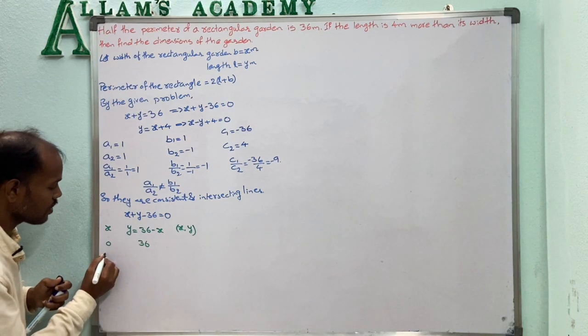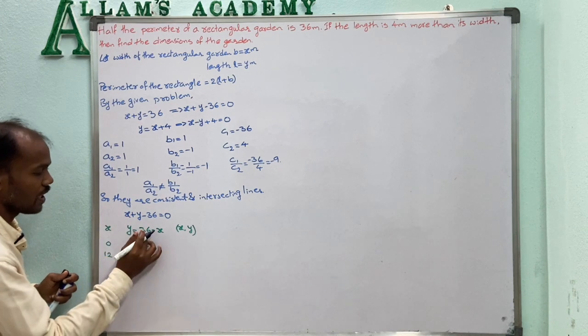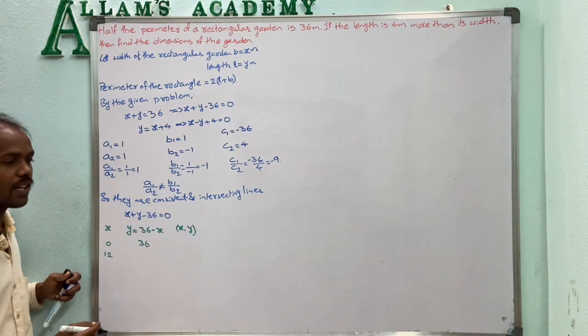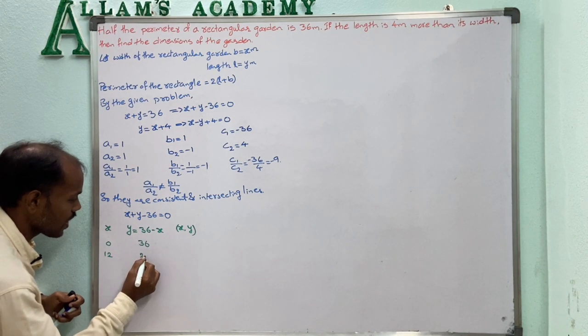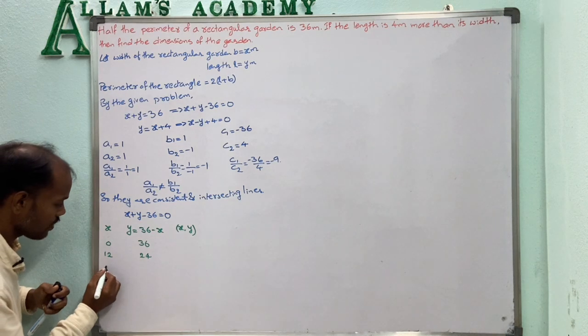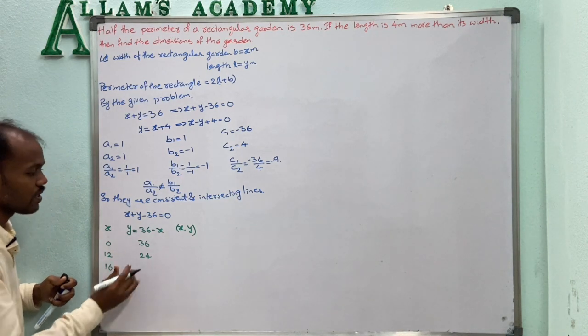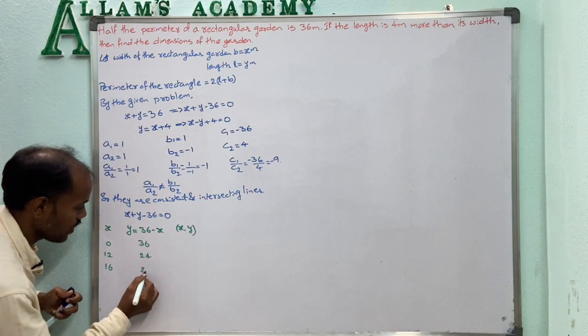If we substitute x as 12, then 36 minus 12 is 24. If we substitute x as 16, then 36 minus 16 is 20.